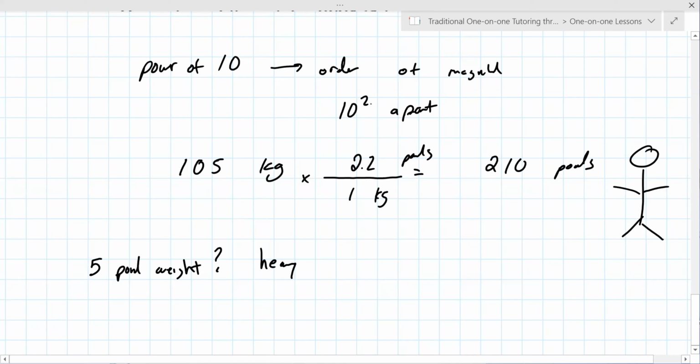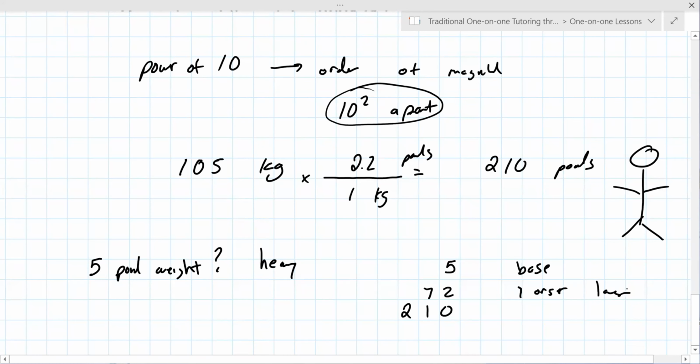Are they 2 orders of magnitude apart? Yes, they are. Think of the number 5, then a number like 72 and then 210. If this is your base, this is 1 order of magnitude larger, and this is 2 orders larger.